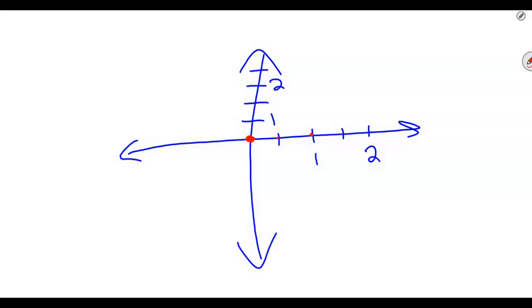It is 1. This line represents, if you go all the way up and down, it represents 1. So you go to the left of it. What is half of 1? A half. Okay, and then you have, what will this one be? 1 and 1/2. 2. And that's the y-axis.